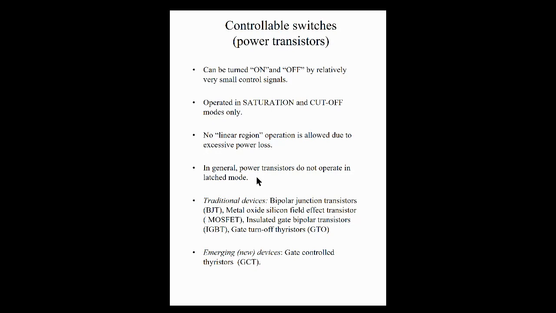With the transistor, after you have applied your base voltage that was sufficient to switch your transistor on into the saturation state, if you remove that base voltage, your transistor will go off, right? So there's no latching feature. So that's the difference.